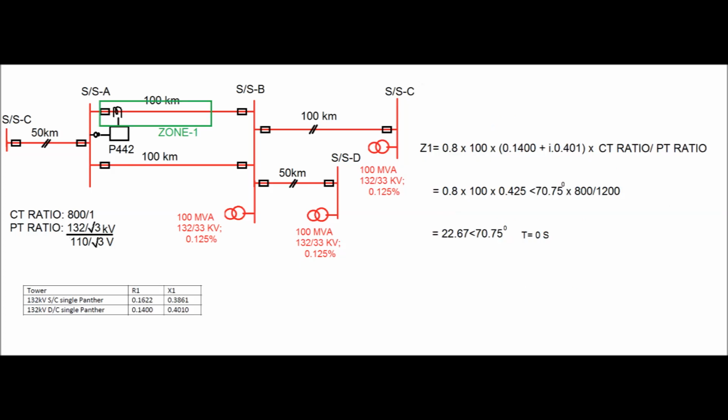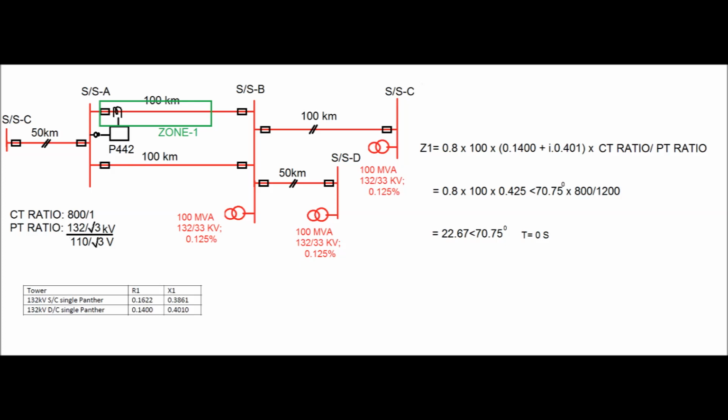Now to convert the primary to secondary value, we have to multiply the value of zone 1, that is 0.8 into 100 into 0.425 at an angle of 70.75 degrees, into CT ratio by PT ratio, that is equal to 800 by 1200.